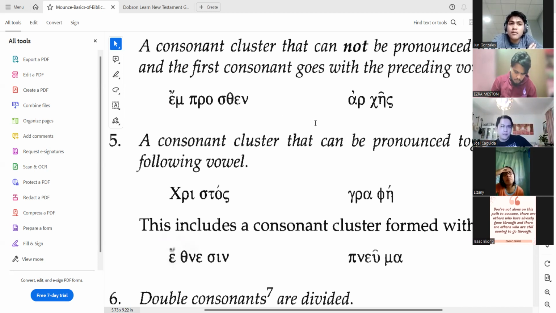Then the other one. Okay, but this is, remember, CH, R, the letter for Christ, right? So RK.